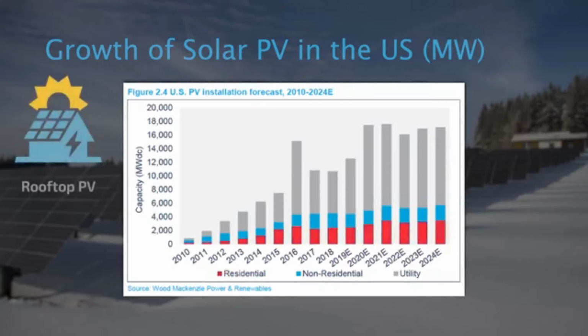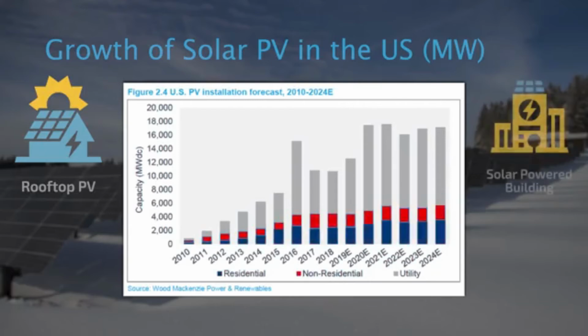There is the small commercial, like your local small business that has maybe 50 to 100 kilowatts of solar on their roof that is powering their business. We have a hardware store in Endicott that has, I think they have 100 kilowatts up there. And not only do they power their store, but I think they sell some to somebody else too. So that's kind of the small commercial.